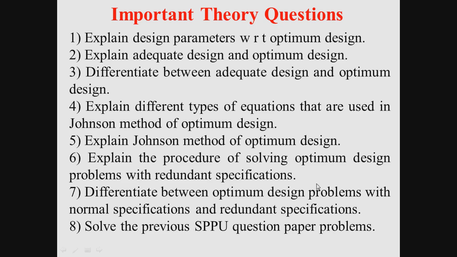I told you in the previous slide that theory questions normally come on redundant specifications, so prepare for this question. Next, differentiate between optimum design problems with normal specifications and redundant specifications. Normally this question will also come in the exams.